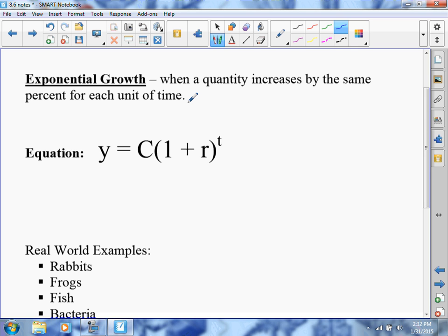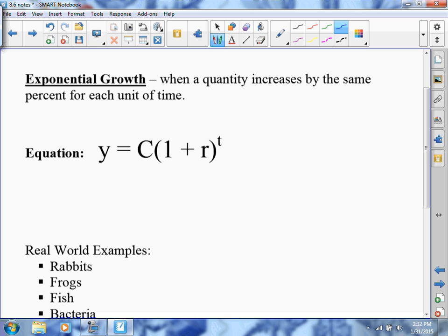So you were increasing the same percent because it had the same base, and then each unit of time, which is 1 unit when you're making your table of values, and you could see how fast the graph increased or how fast it grew. So we're just going to put that into an equation now.